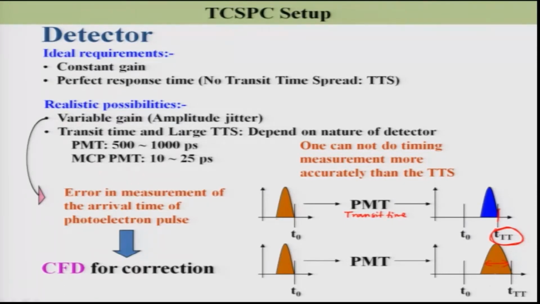Sometimes I will get it at this position, sometimes at this position, and so on. This is called the transit time spread, and it is the most difficult part of this kind of detector.